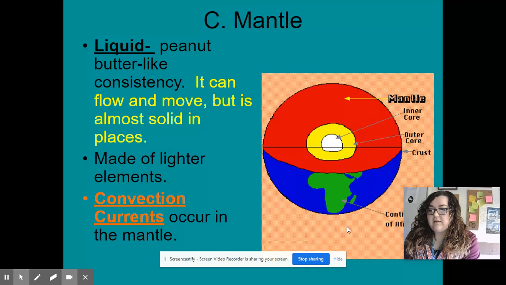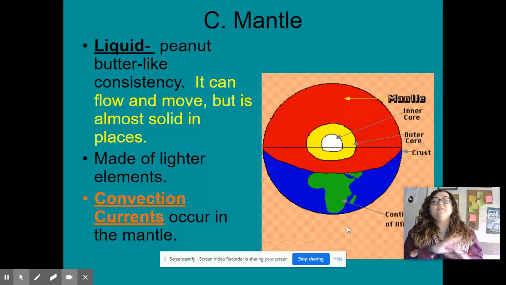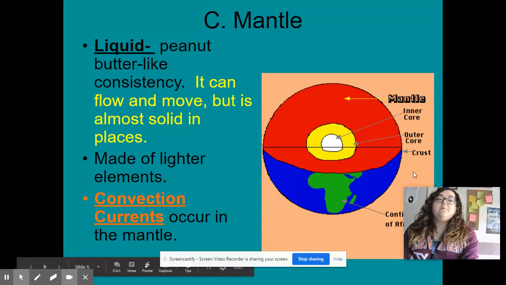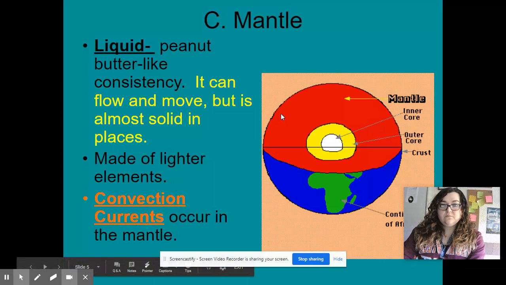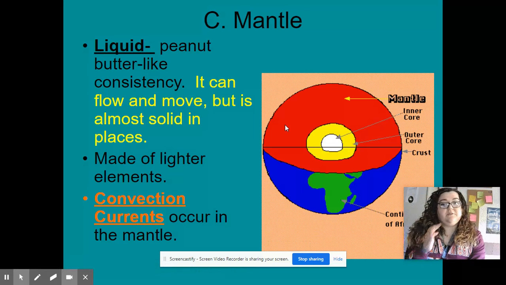Okay, yeah, so this is a layer that convection currents take place in. And again, we have talked about convection currents all semester long. Like, if you don't know what convection heat transfer is by now, I have failed you as a teacher. But mantle, thickest section, it's mostly liquid substance, but it can be more solid in places.